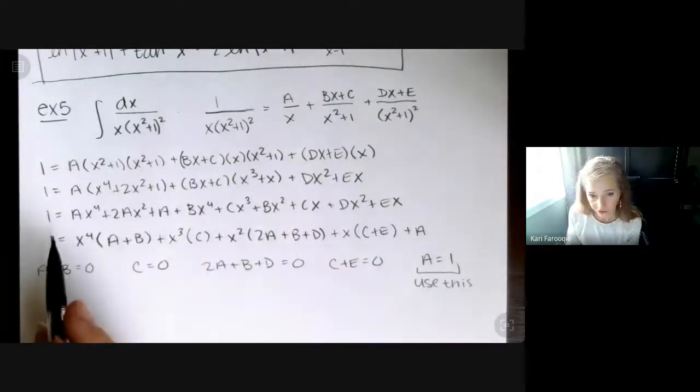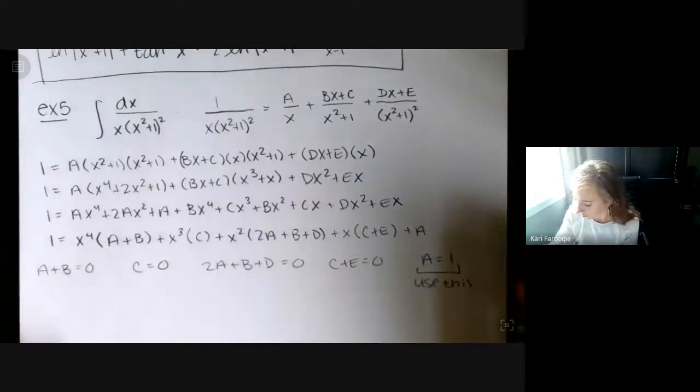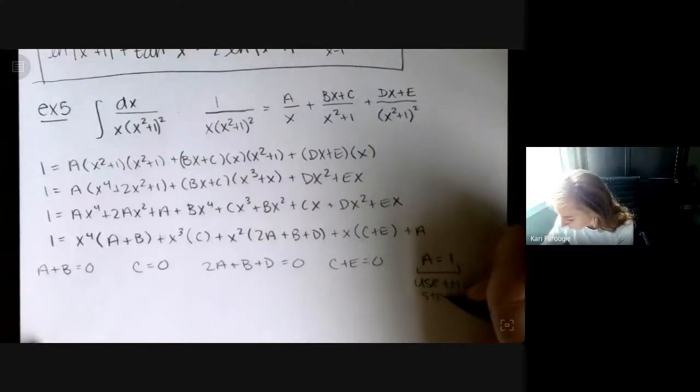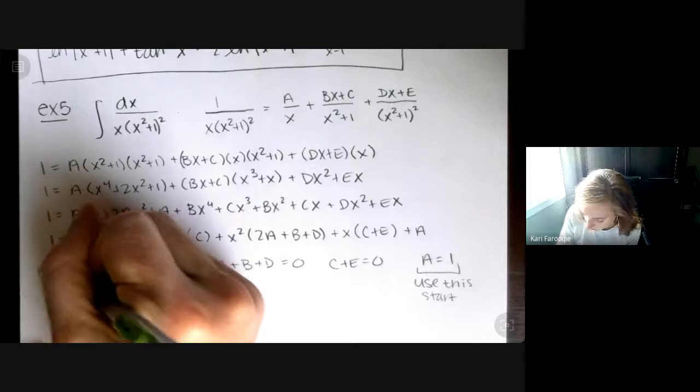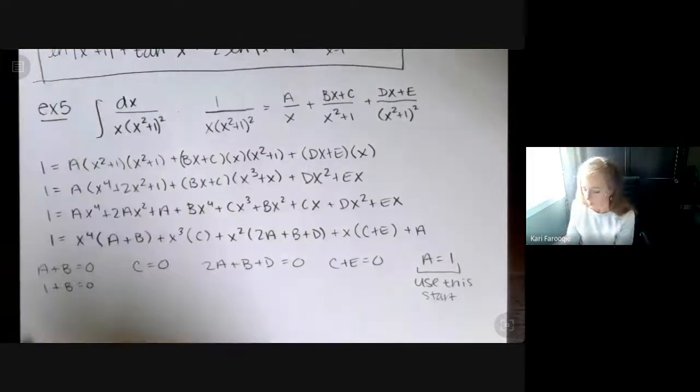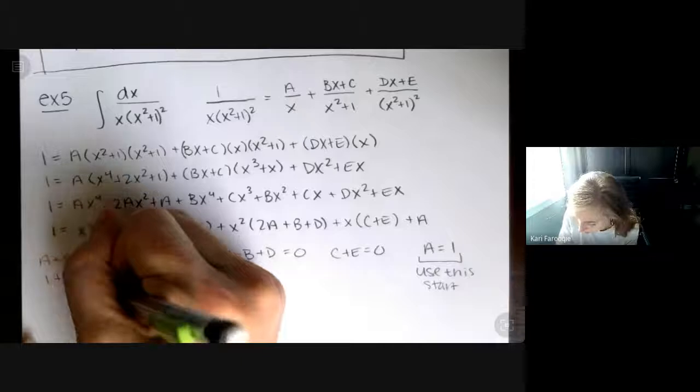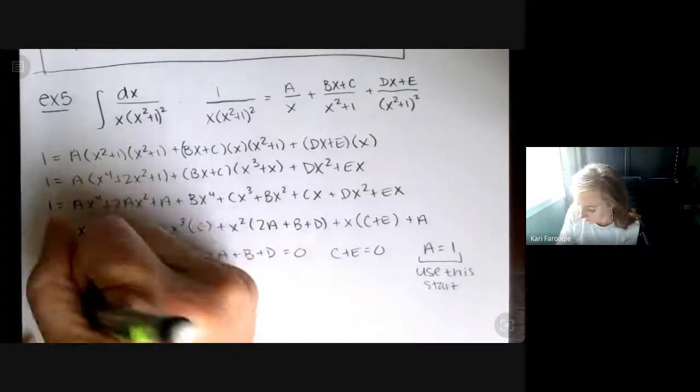Once you see it in this form, you can start here, and say, all right, a is 1, 1 plus b is 0, so therefore b equals -1. Fine.